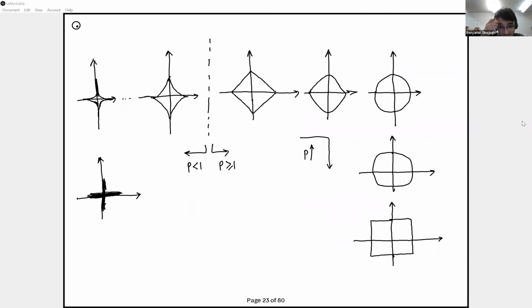Here we are increasing P. This is P equals 1, which is the L1 norm. As we increase P, the shape goes toward this direction, and this also. In other words, when we increase P, we are doing this.